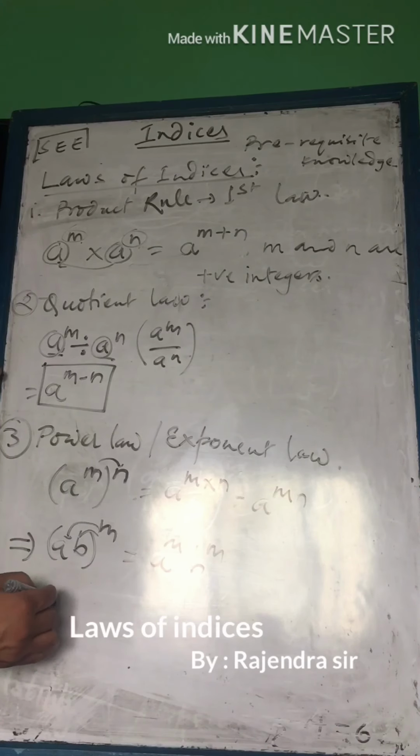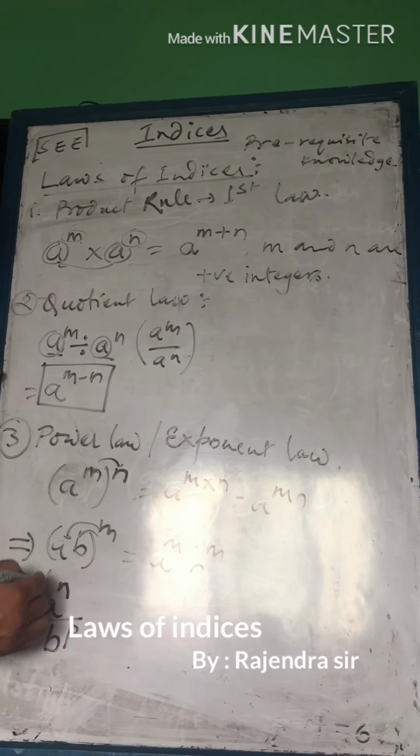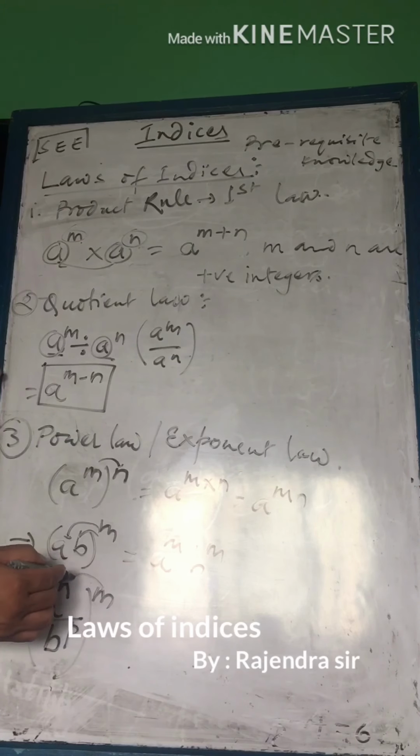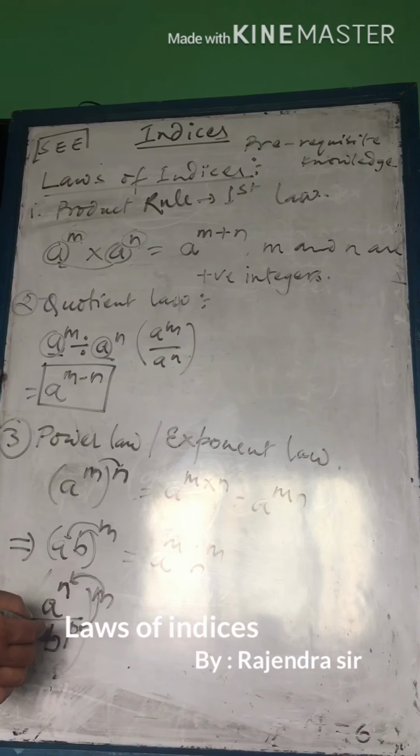Similarly, if a to the power n over b to the power p is there, whole to the power m, you can open the bracket and the power m will be multiplied with each power, including the denominator term.